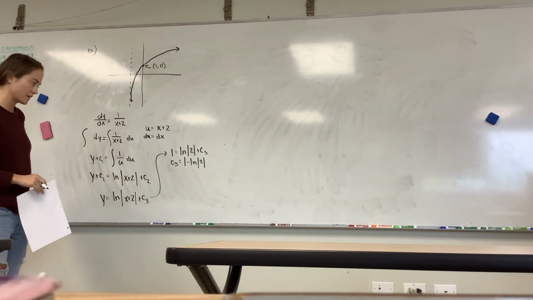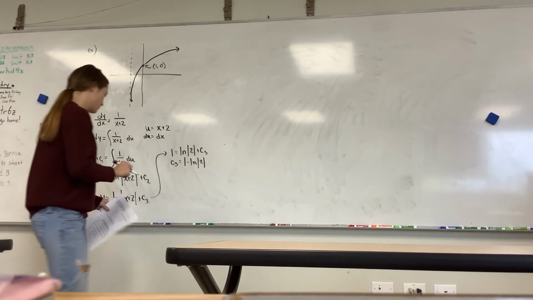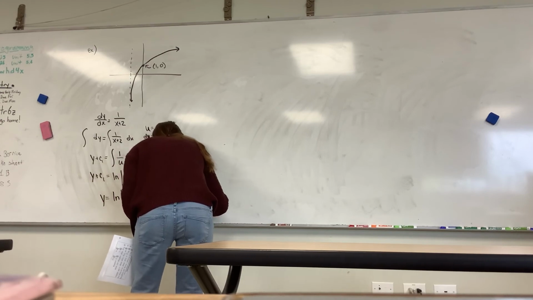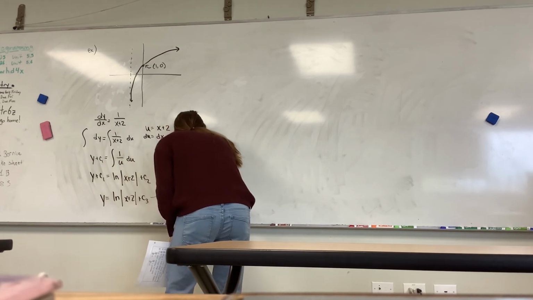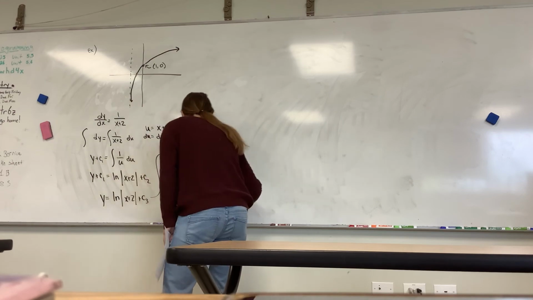I don't expect you to plug that in your calculator. We can just now plug that in for this. So we get that y is equal to the natural log of x plus 2 plus 1 minus the natural log of 2. And that is our particular solution.